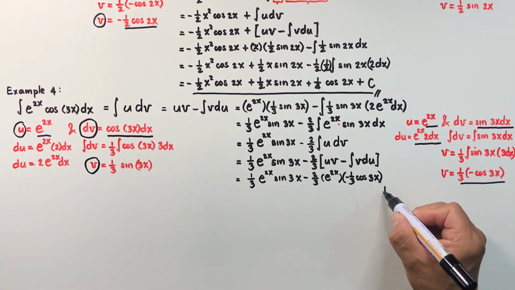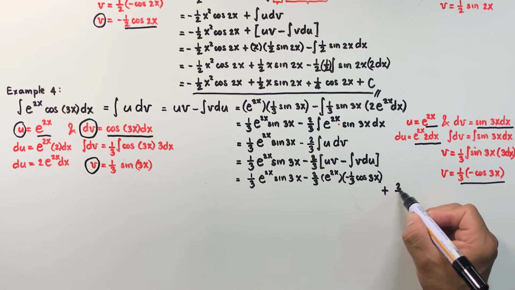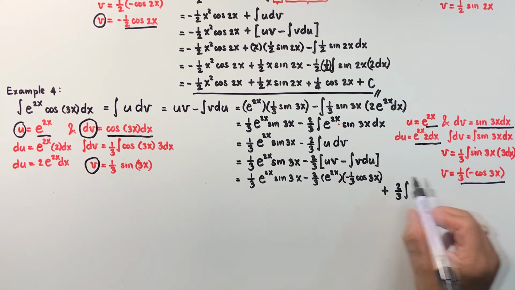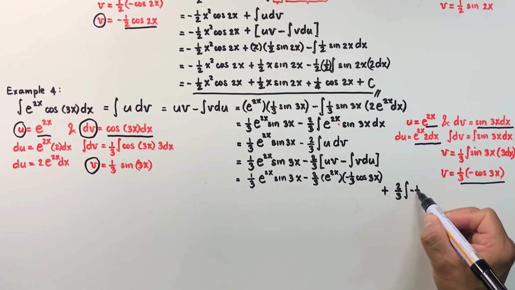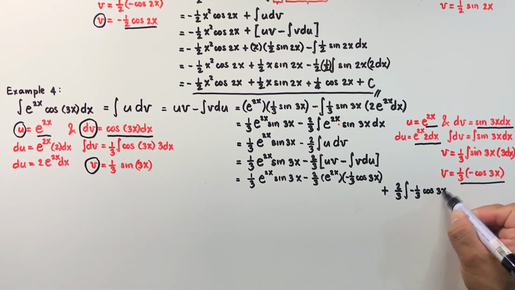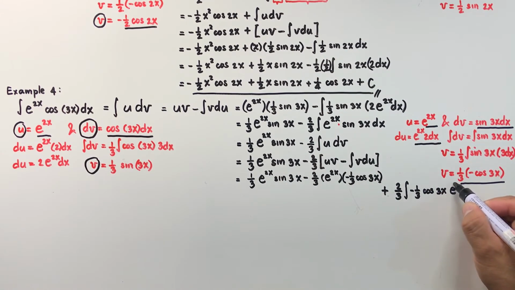And this will be added to 2/3 of our integral of v, which is this one, the negative 1/3 of cosine 3x times the du, which is e to the power 2x times 2 dx here.